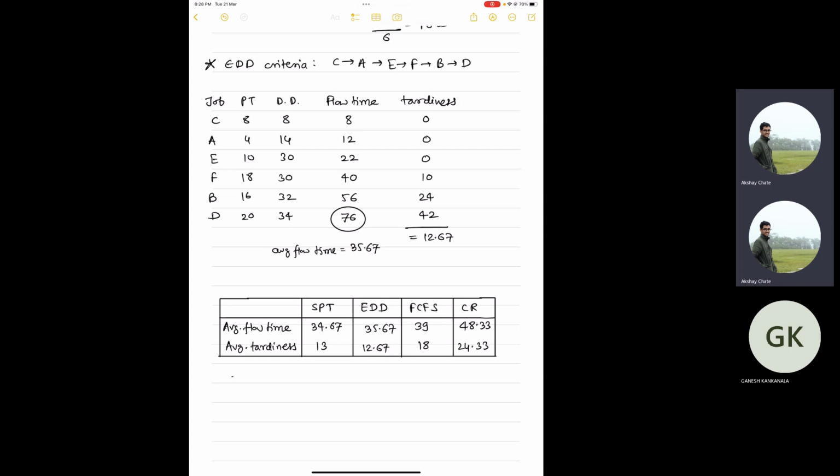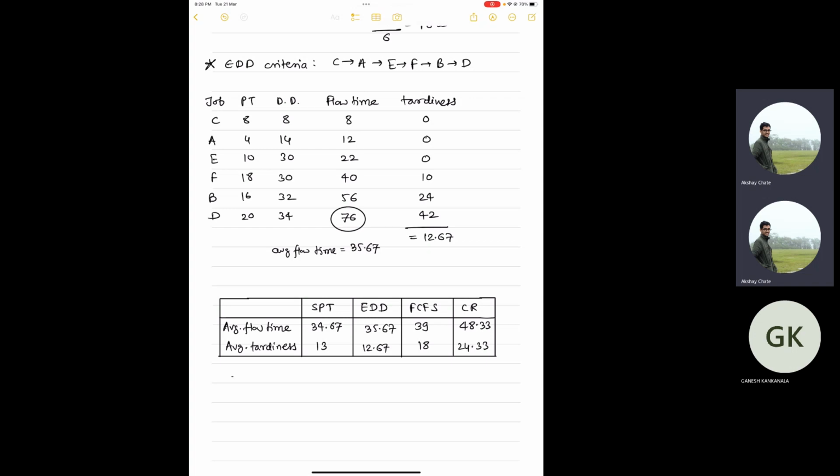So the point I was trying to make earlier was this. You have used two parameters, flow time and tardiness, to decide which criteria is better for you, whether SPT, EDD, CR, FCFS. So now let's compare average flow time.